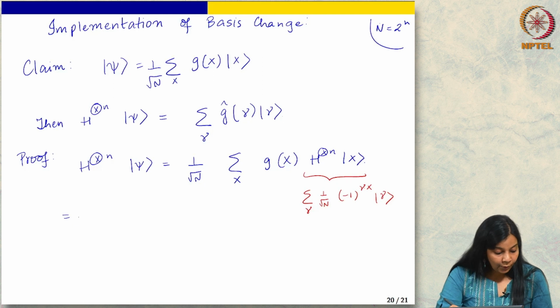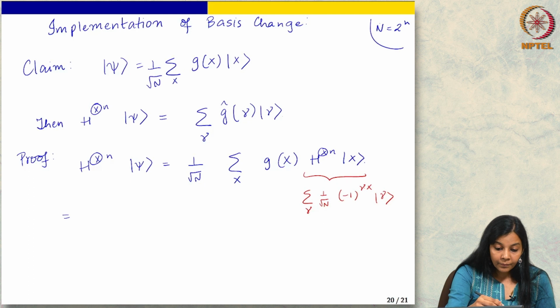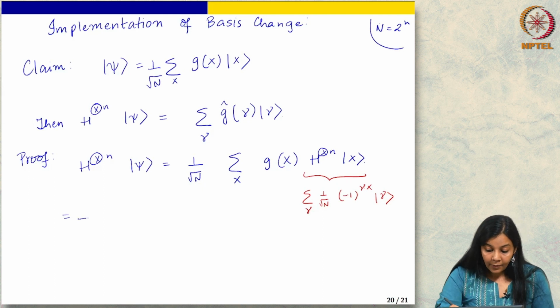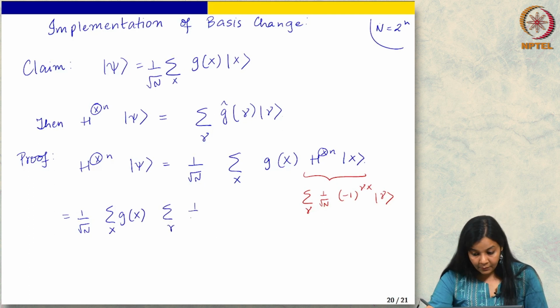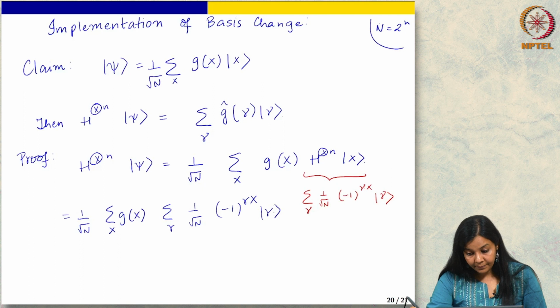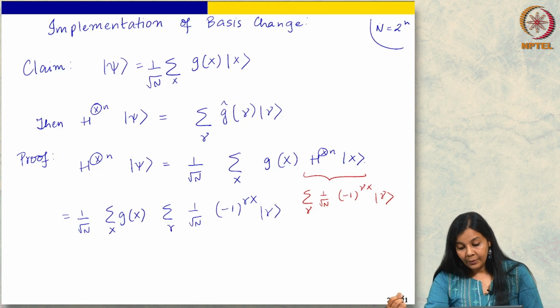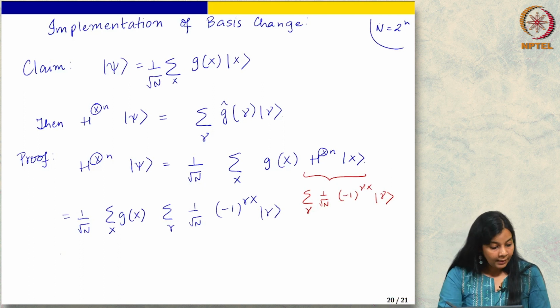So, now using that what do I get? I get one over root n summation over x, g of x, summation over gamma, 1 over root n, minus 1 to the gamma x, gamma. Okay, so I am just rewriting it.